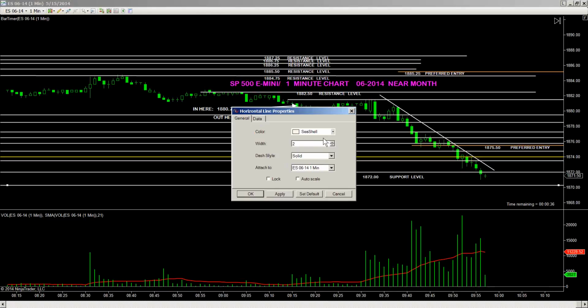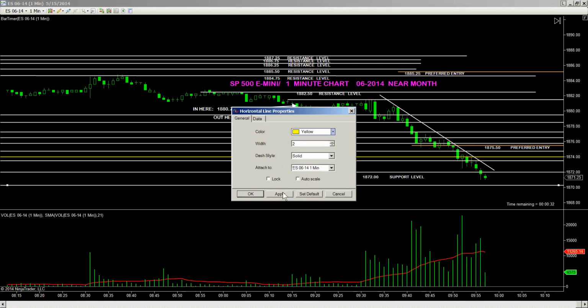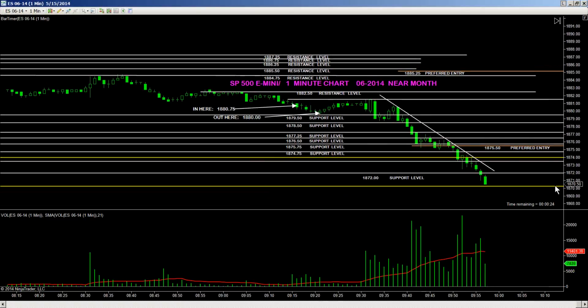Copy that. Current Fibonacci layout has been hit. What's the percentage retracement number behind that level? 76.4%. Copy that. Getting down to the daily level now, people, at 1870.25 for a price profit target.